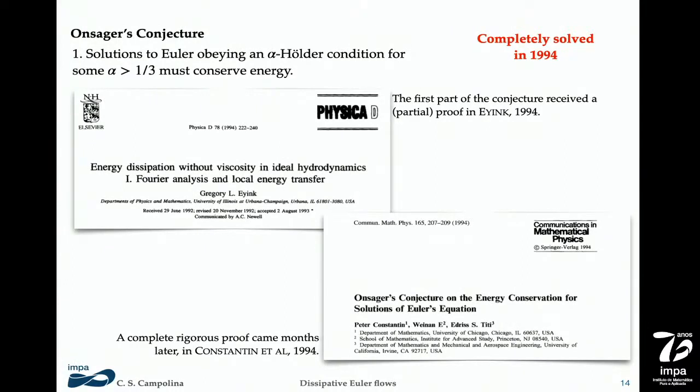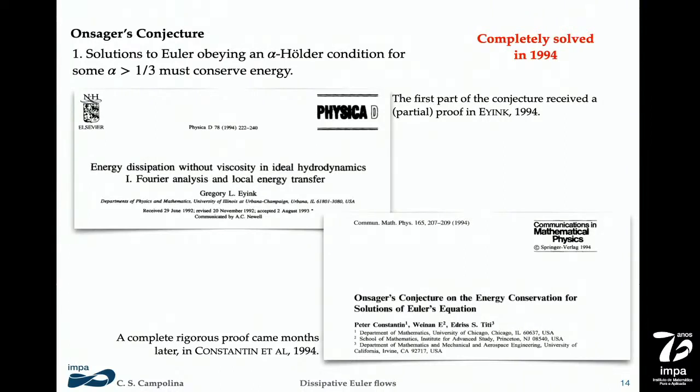But a complete rigorous proof came only months later, by Constantin, E, and Titi, also in 94. It's a complete proof, established through estimates in Besov spaces. They perform all the definitions of the spaces and the estimates, and prove that if we have that threshold of alpha 1/3, then solutions are conservative.